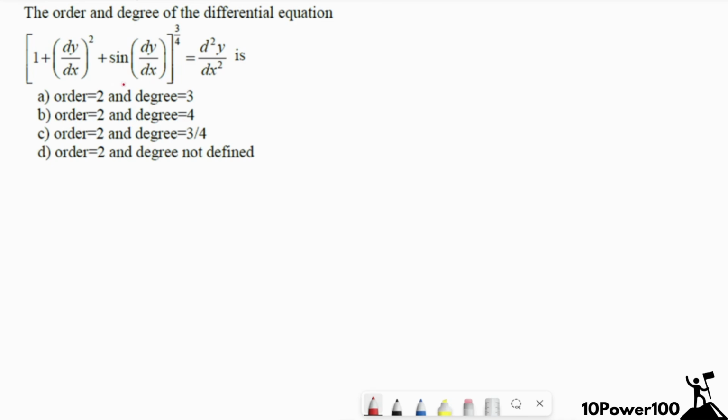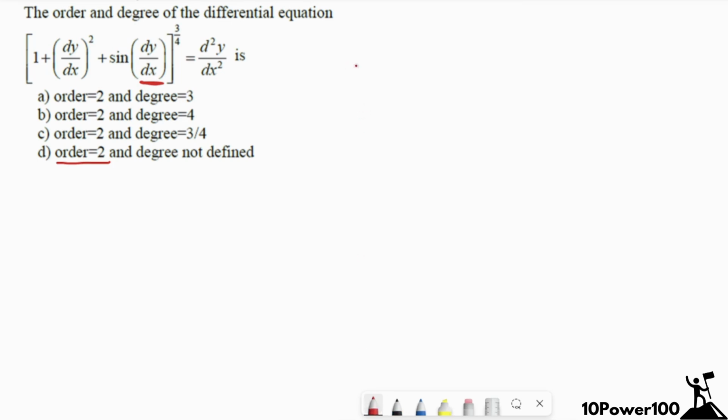If you observe the given differential equation carefully, here we have sine of dy by dx, inside the sine function. So we can easily say that the degree is not defined. But let's see why the order is 2.